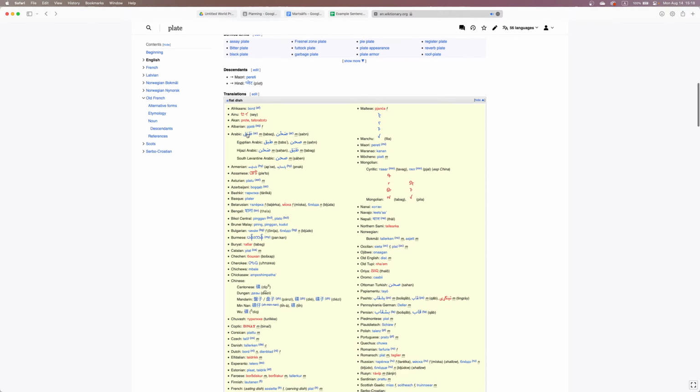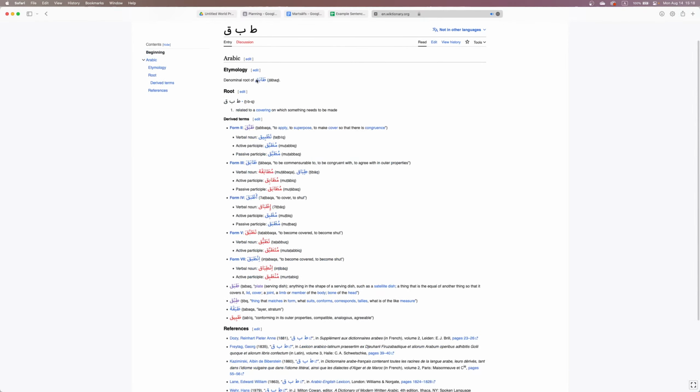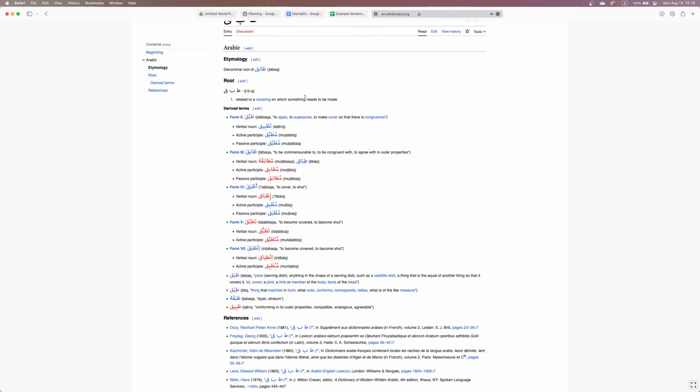It's a flat dish, and then the word in Arabic comes from something to be covered, related to a covering on which something needs to be made.